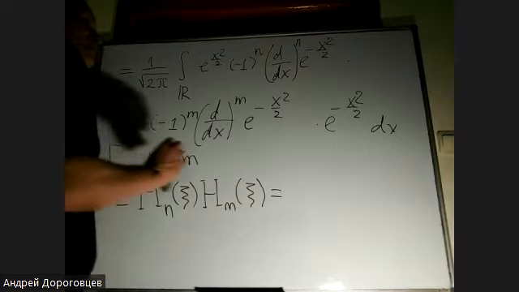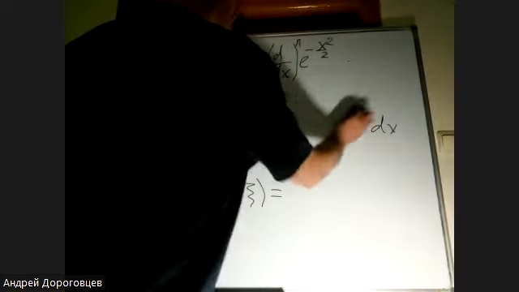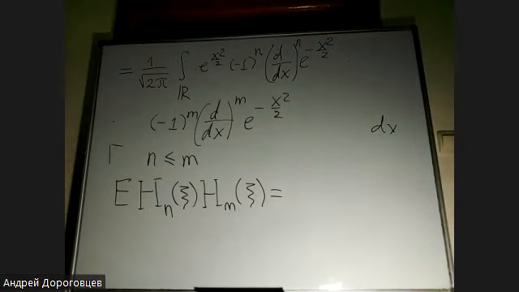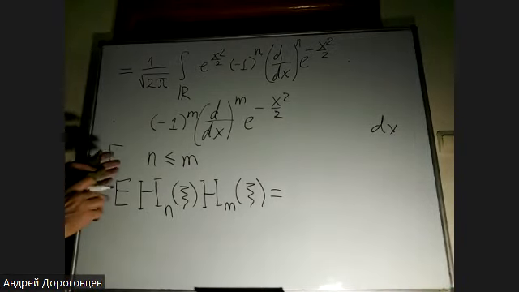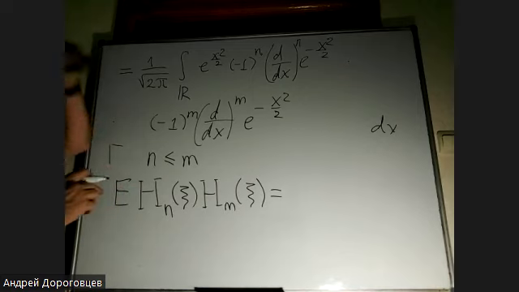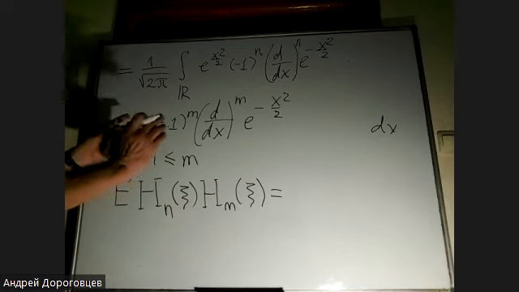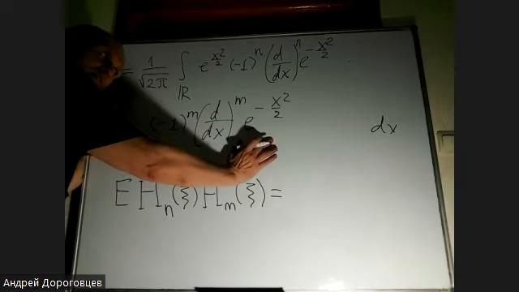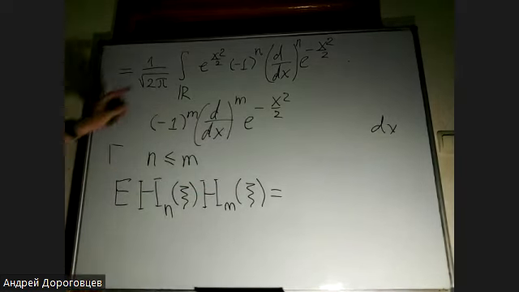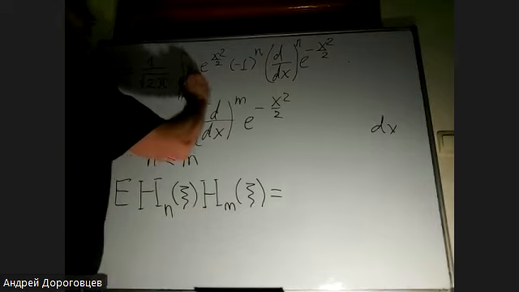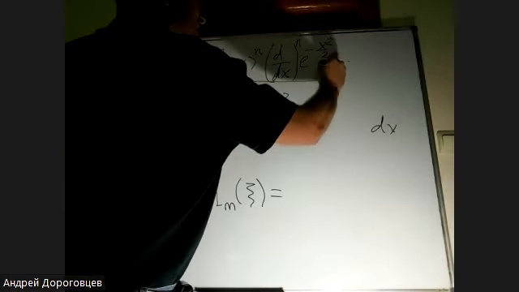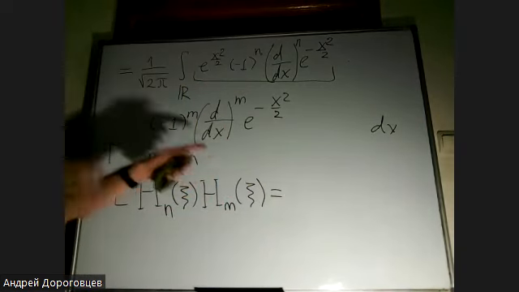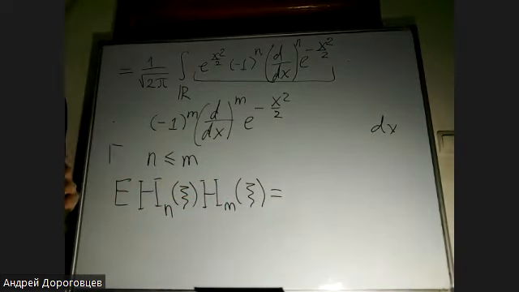Then see what remains. We have the derivative of this function multiplied by some polynomial. Let me recall that this is a polynomial of degree n, which is less or equal to n.